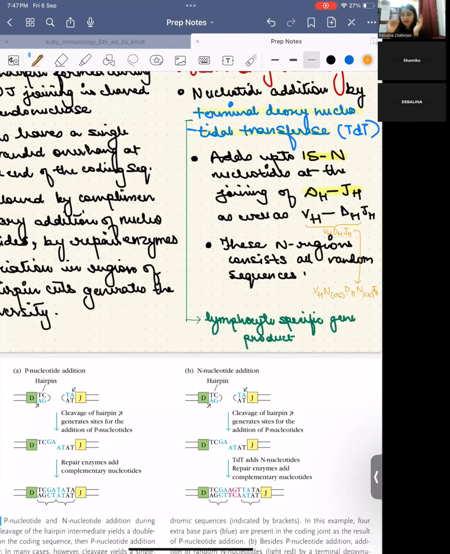Okay, one by one. In the bone marrow, we have the VDJ recombination and all the development happening for B cells, and for T cells it's happening inside the thymus. So while in the bone marrow, it is all growing and developing.